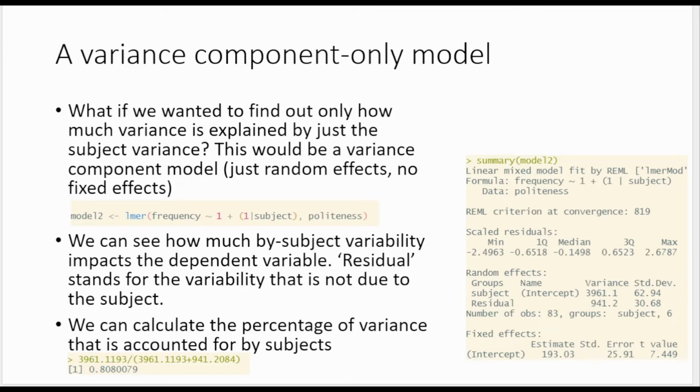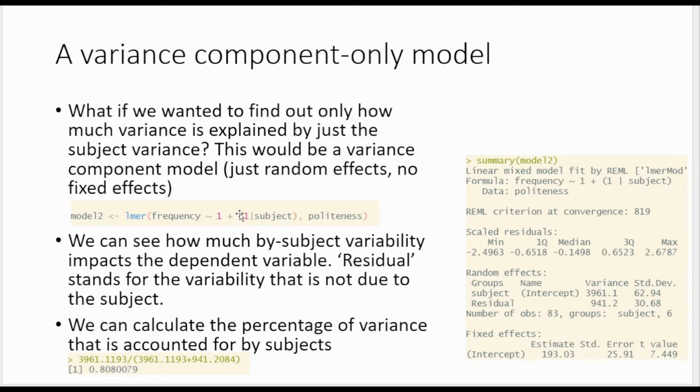So here would be our code. We have this one called model 2 assigned to the function of lmer. This is linear mixed effects regression, from the lme4 package. We are predicting frequency by the intercept represented by 1, and we're looking at the random effects.